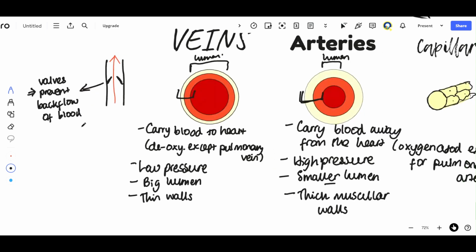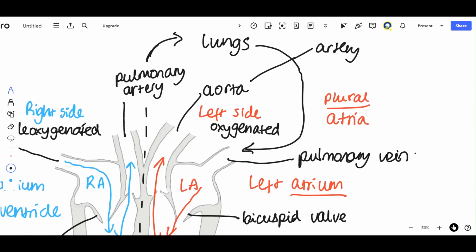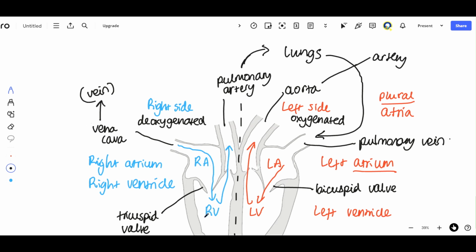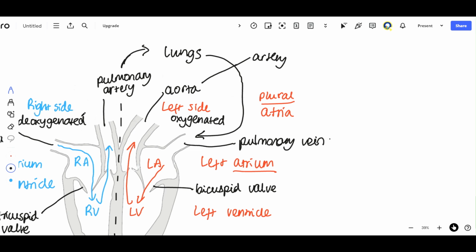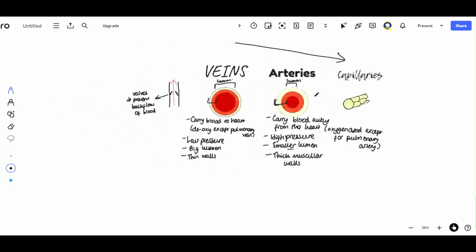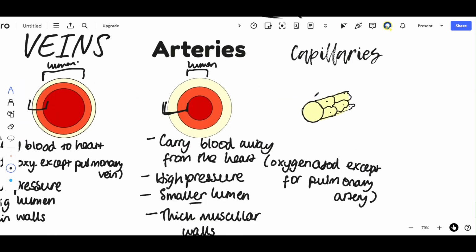If we look back to the heart again, the pulmonary artery is here. Blood goes from the pulmonary artery to the lungs, and as I said, it needs to be at a high pressure, and this is carrying deoxygenated blood. So this is the only exception. Otherwise, arteries tend to carry oxygenated blood.